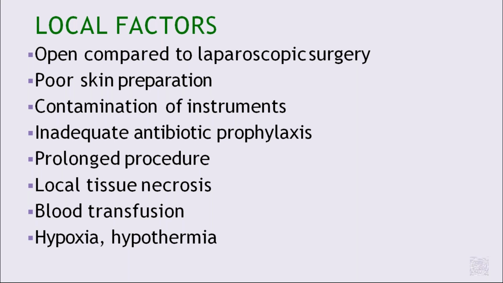So where will we get the local tissue necrosis? By closing the tissues, it should be not too tight, not too loose. If you tie the sutures tightly, then there will be tissue necrosis. Similarly, blood transfusions, hypoxia and hypothermia.